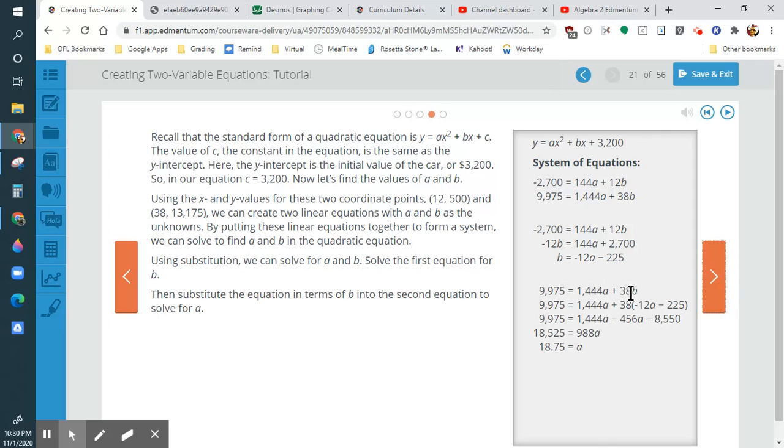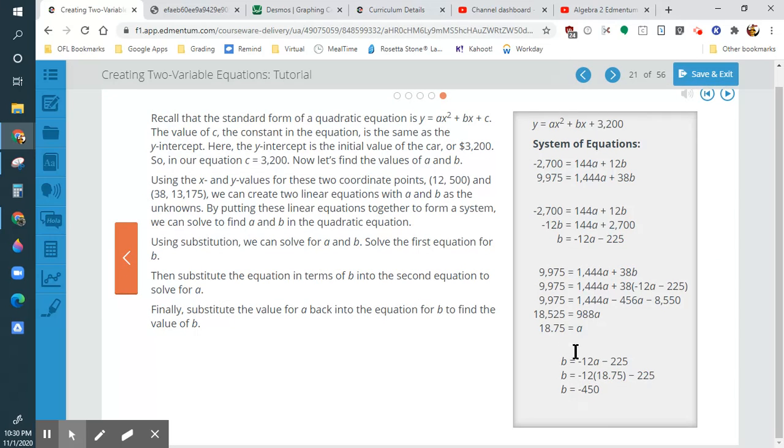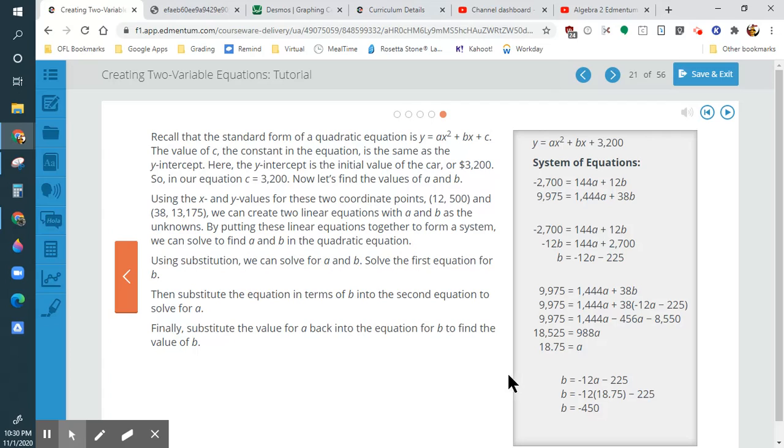So then we plug that in there, and we're able to solve for A. So this is gonna take up quite a bit of time when we do this on our own. Now that we have B, now that we have A, we can plug this A into either one of these equations. So in order to find this quadratic equation with having 3 points, we're gonna have to use linear equations in order to solve for it.